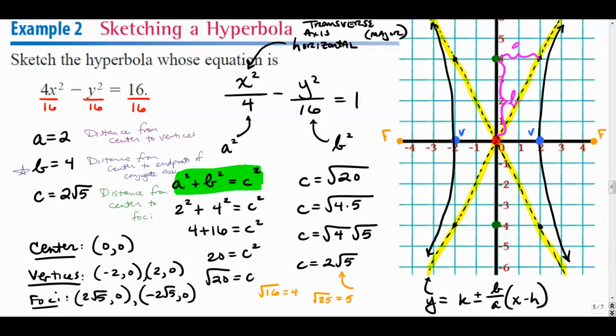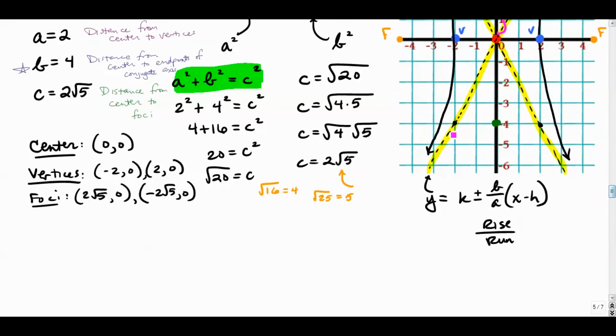I'll leave that there for you. b over a. And in this case, b is 4 and a is 2. So I'll put those in there. We get y is equal to k plus or minus 4 over 2, x minus h. h and k come from the center. In this case, the center is (0, 0), so those are just going to disappear.